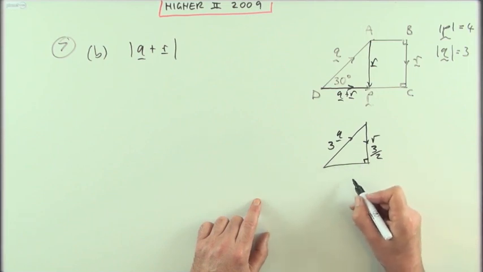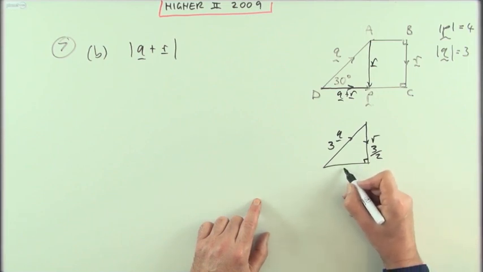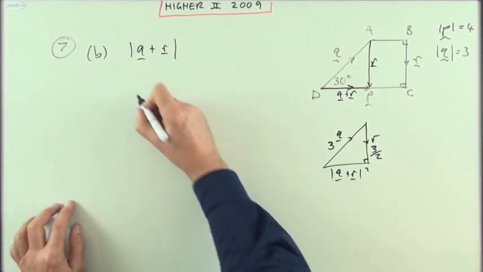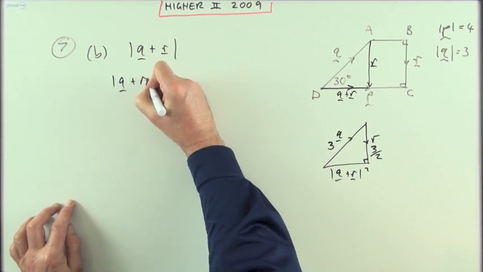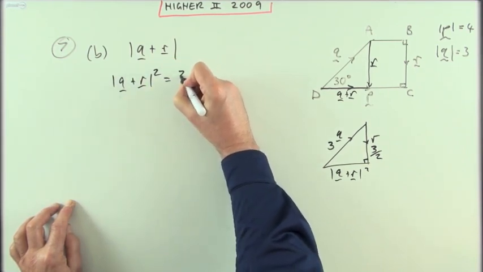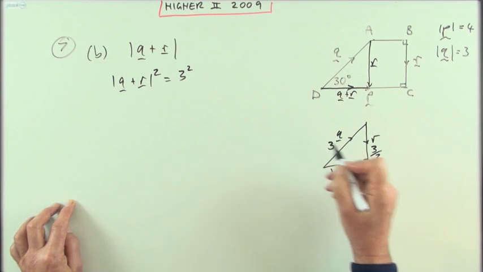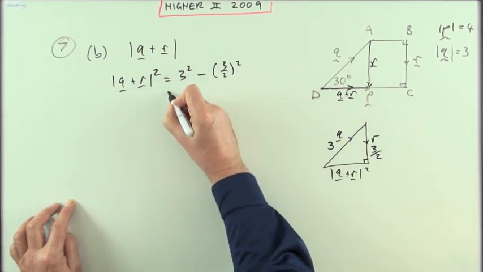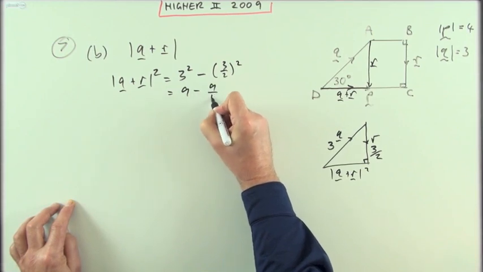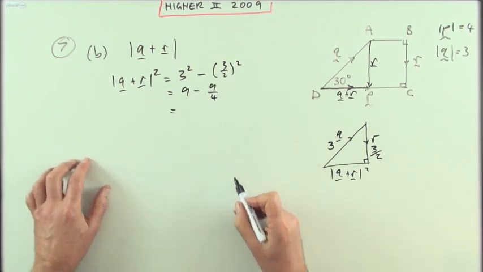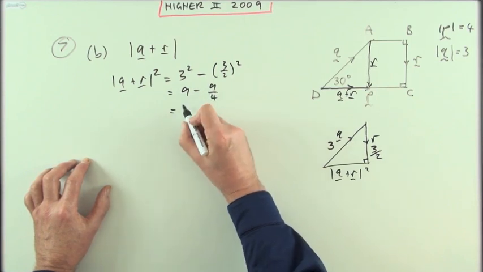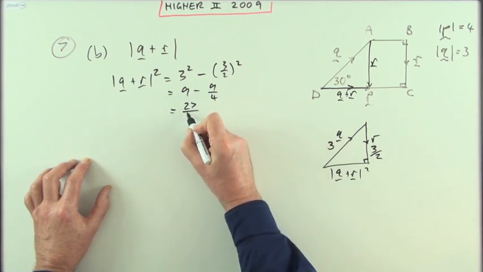I could just use Pythagoras for this part here. So this side then, which I'm calling Q plus R squared, is going to be this then. The length of Q plus R squared will be 3 squared minus, because it's one of the short sides, 3 upon 2 squared. 9 minus 9 upon 4, so that would be 36 take away the 9, which is 27 upon 4.